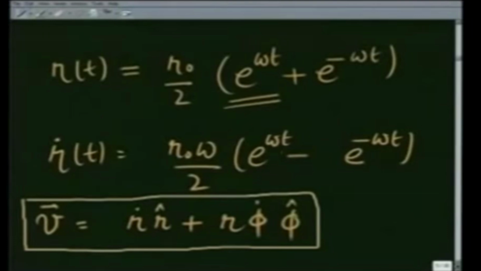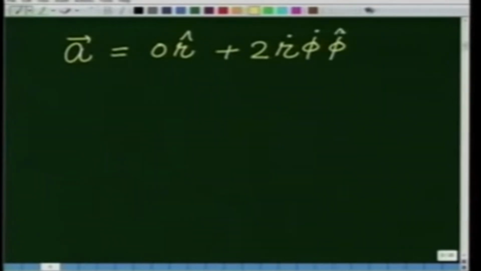How about the acceleration of the particle? The acceleration, as you have already calculated, is 0 in the r direction and 2 r dot phi dot in the phi direction.